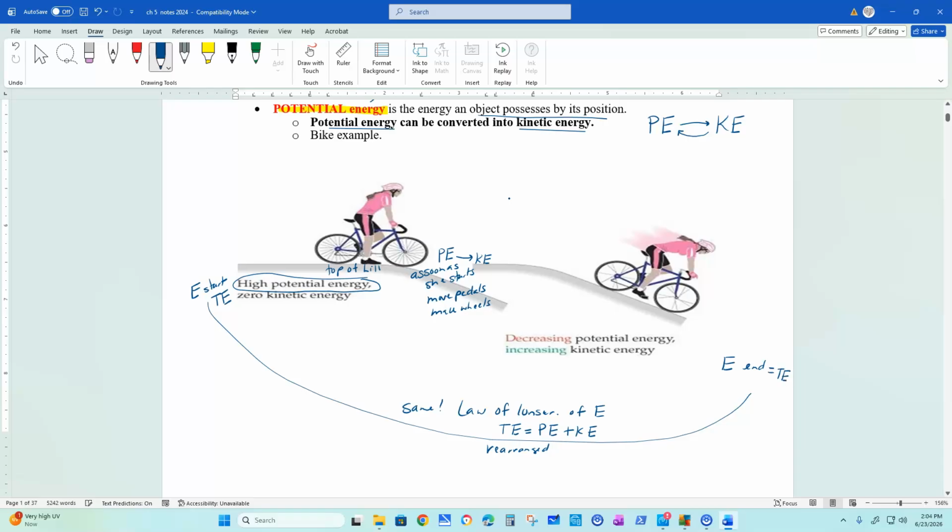If she started with 100 joules of energy, then in the end she has to have 100 joules. But how it converts, you're going to start to lose some potential and gain some kinetic. In the beginning, all you had was potential and no kinetic. Now, as she goes down the hill, she's going to be gaining some speed.